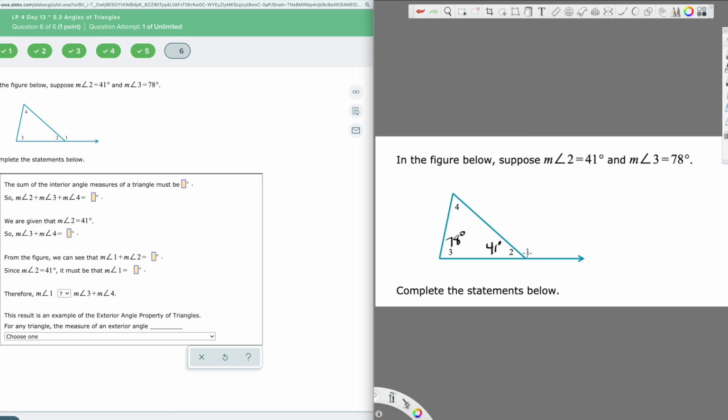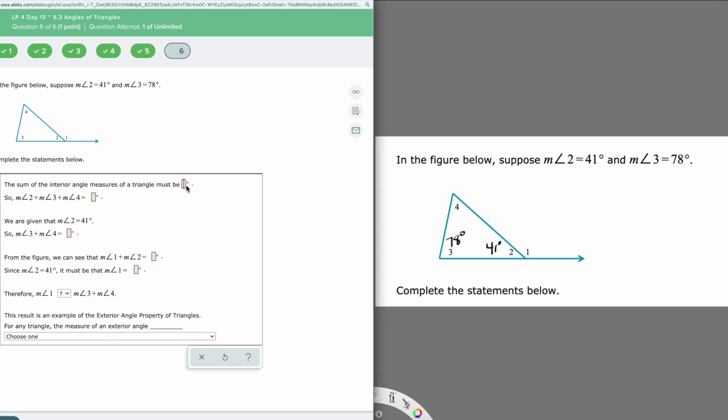So the sum of the interior angle measures of a triangle must be, we just proved this, 180 degrees. At the beginning of the video, I showed you that cute little diagram too, where you can take the three angles and put them on a flat line together. So angle 2 plus 3 plus 4 must add up to 180 degrees, since those are my three angles.